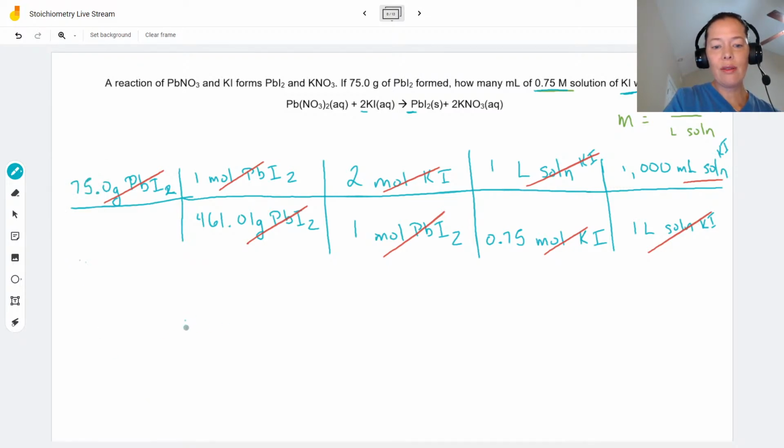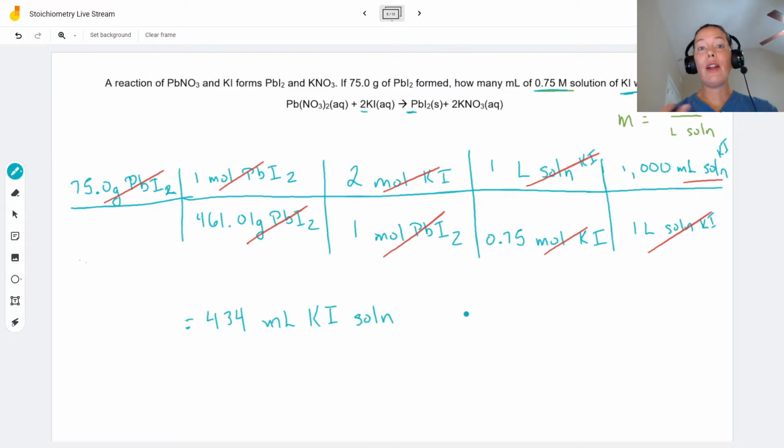So I just run this through my calculator, and I am going to get 434 milliliters of potassium iodide. There it goes. And that is a solution.